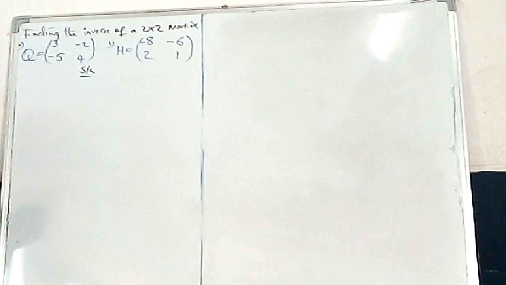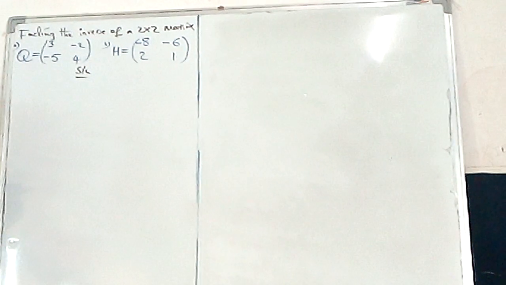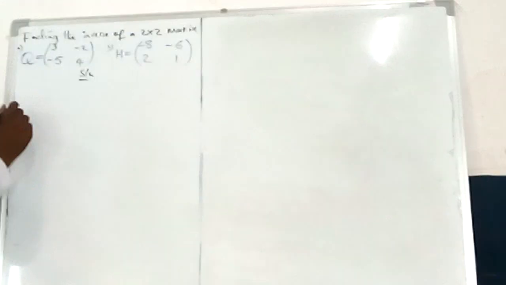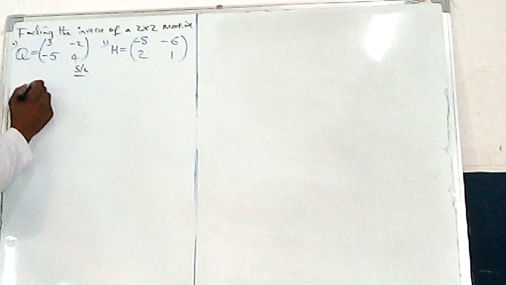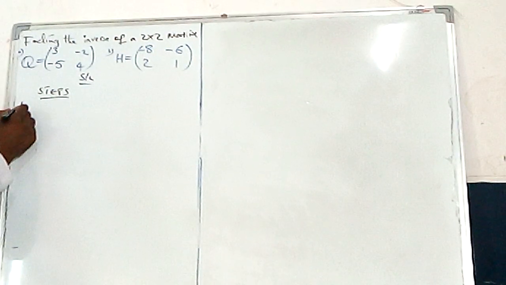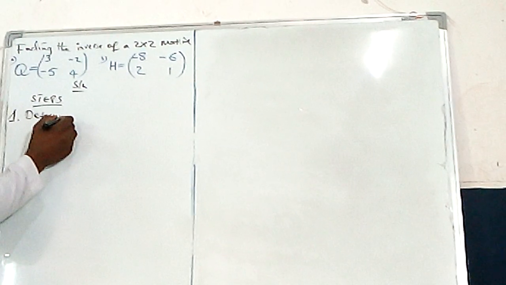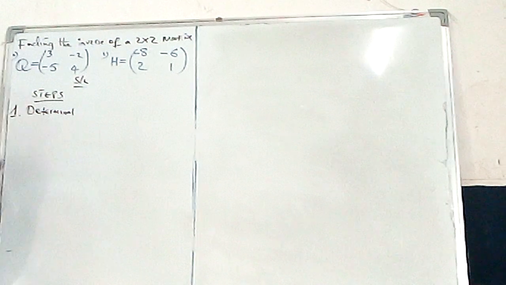So first, for you to find the inverse of a 2 by 2 matrix, I've got 3 steps that we need to follow. Step number 1, you need to find the determinant of that particular matrix.